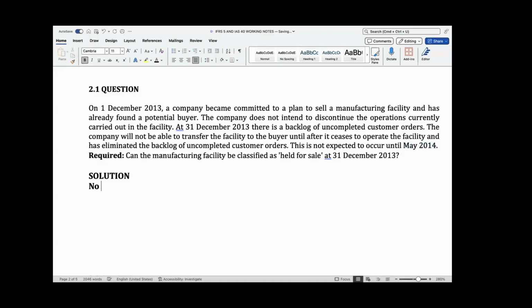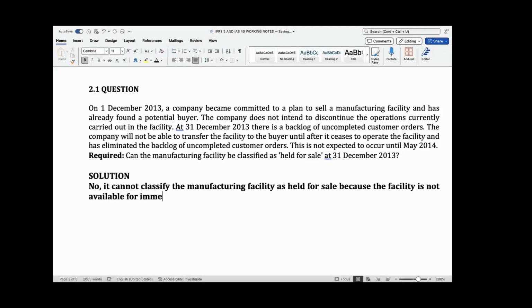No. It cannot classify the manufacturing facility as held for sale because the facility is not available for immediate sale in its present condition.